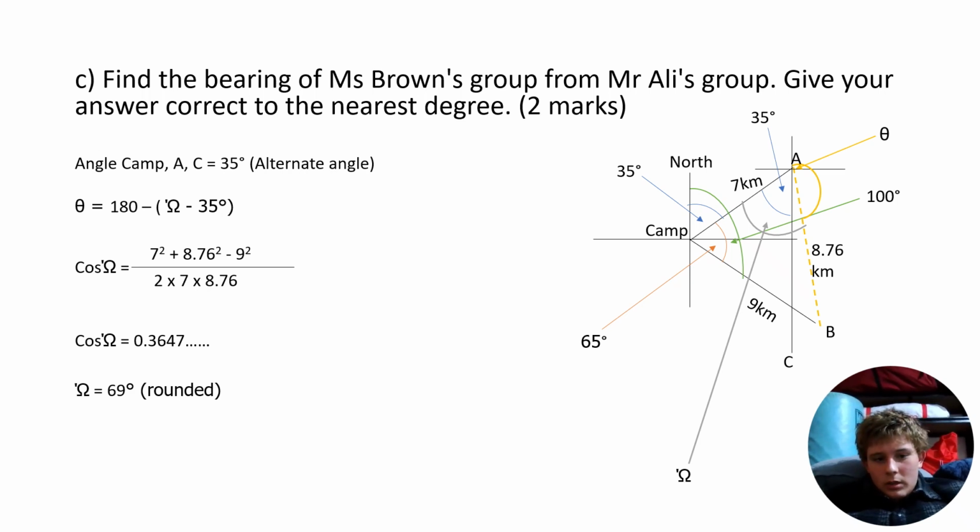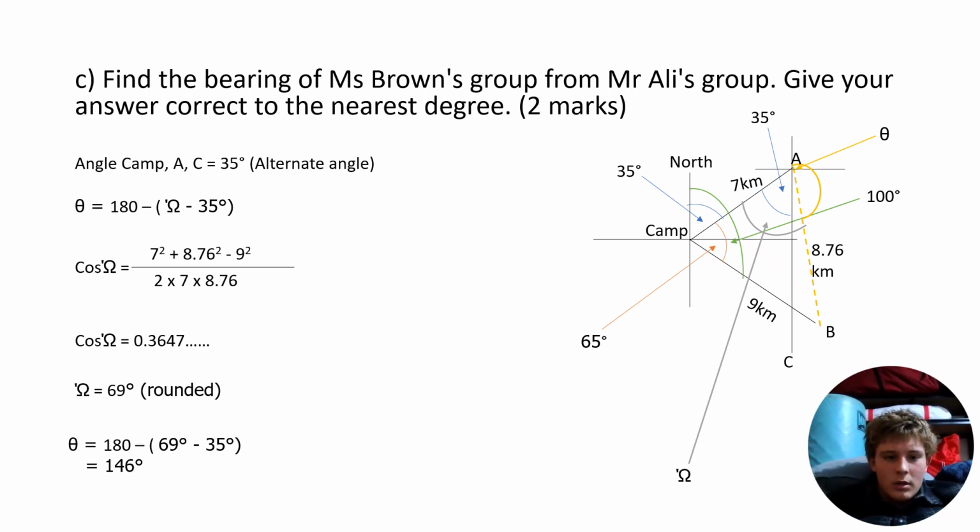Now we're going to sub that back into that original notation, because the only difference between the bearing and 180 is that little sliver. We just need to find what that sliver is, and that is 69 minus 35.